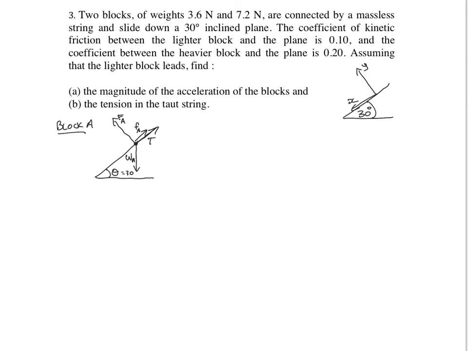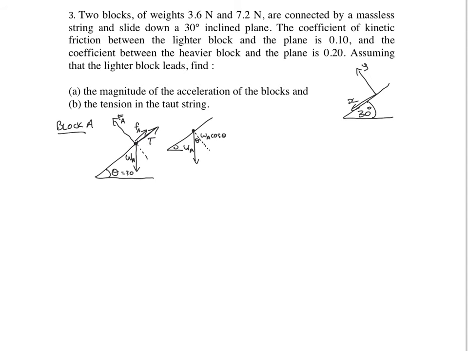You can see that the normal force, the little fa, and the tension are acting along the plane, but the weight has a component along the plane that we have to work out. It also has a component perpendicular to the plane, so I'll just draw that over here. If you've got weight acting downwards like this, then it has a component this way, perpendicular to the plane, which cancels out the normal force, and that'll be WA cos theta, where theta is this angle here.